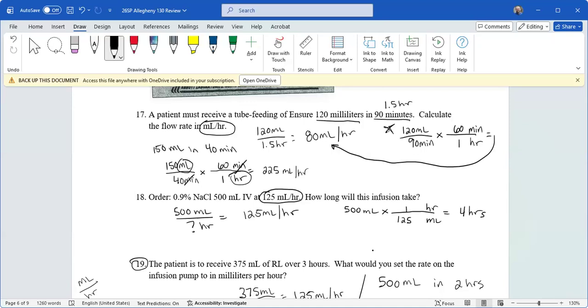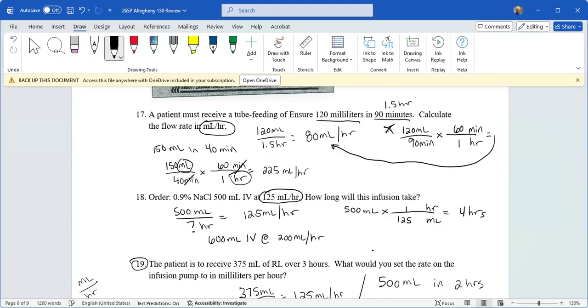Let's try another scenario. What if I'm starting off with 600 milliliters for my IV, and it's infusing at, this might not work out at all, but let's just say 200 ml per hour.